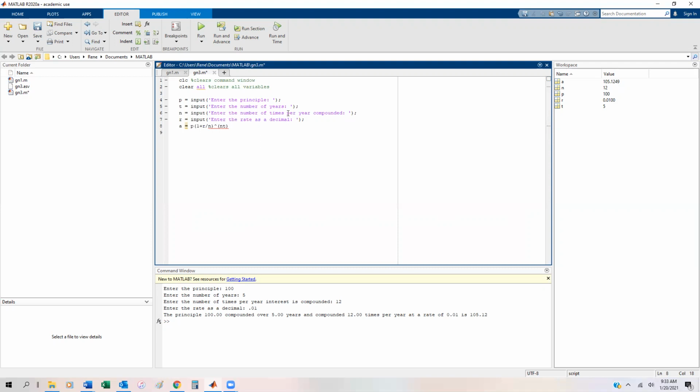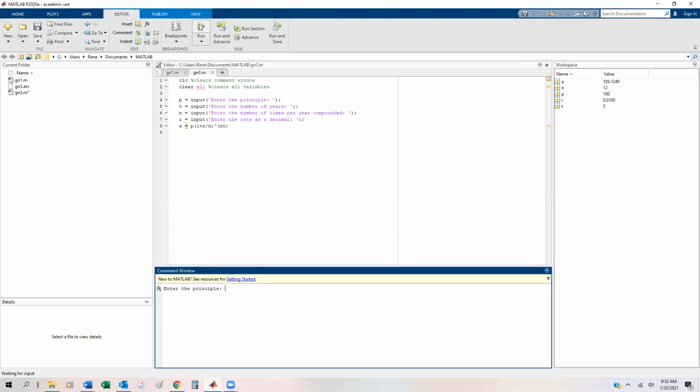Now, I'm just going to execute this to show you what happens because I didn't do something correct, just to remind everybody. So let's just do something simple: 100, 5 years, compounded 12 times per year at 1%. And it says something's not right here. Array indices must be positive integer values.